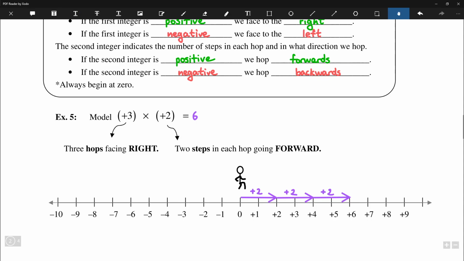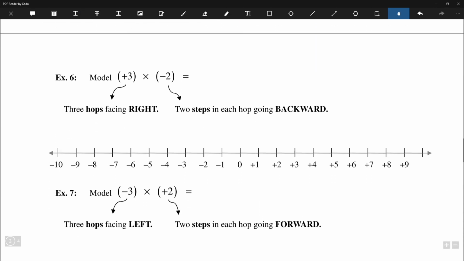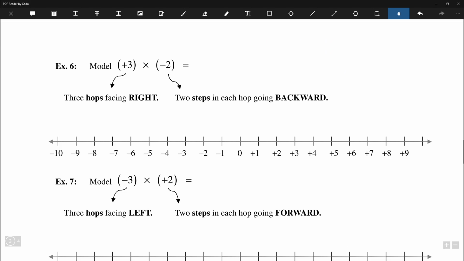All right. So what if some of the integers are negative? Suppose we have positive 3 times negative 2. We are taking 3 hops to the right, but each hop will be backwards. So we are once again going to start from 0. We're going to face the right, but we're going to hop backwards.